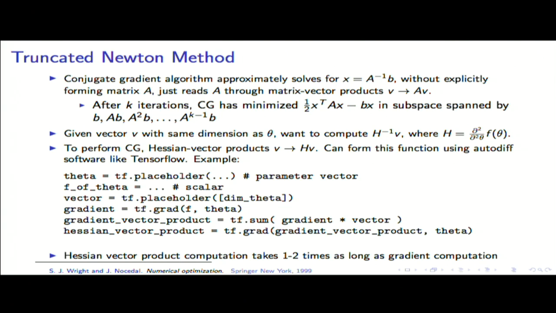We compute the gradient symbolically. Then we form symbolically the gradient vector product, that's just the dot product of the gradient with our vector. And then we differentiate the gradient vector product to get a Hessian vector product. So we just formed our Hessian vector product symbolically.